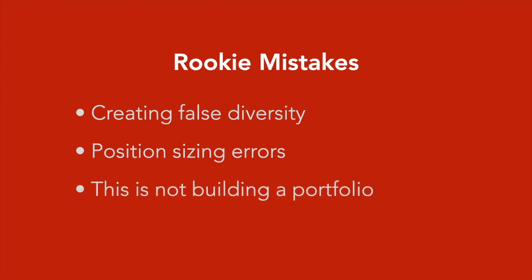Mistake number three. This is not a substitution for building out a portfolio of unique trading systems on different markets. This is a way to take a single strategy and reduce its risks. I treat a swarm as one system, and I think that's important to say. So when I go to build my portfolio, I'm going to take my swarm RSI2 strategy and treat it as one system.